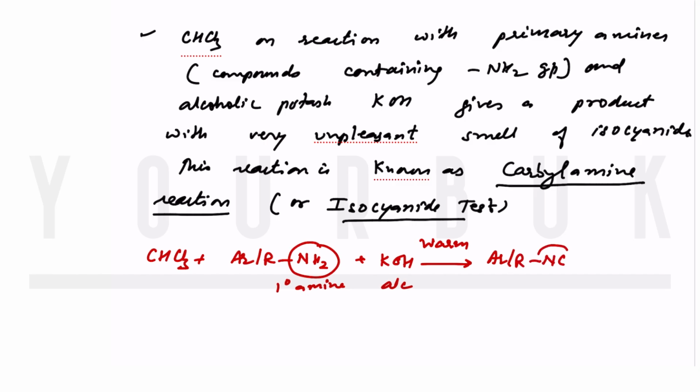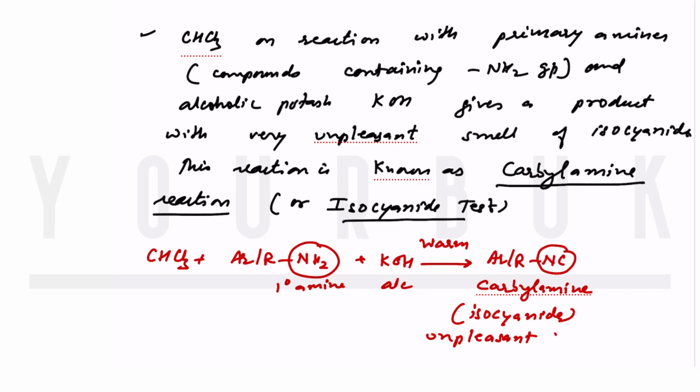So the NH2 group has been converted into NC. This is called a carbylamine, or isocyanide. Unpleasant smell, foul smell, obnoxious smell. And these are the side products, KCl plus water.